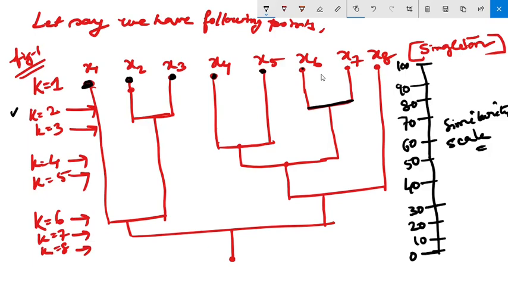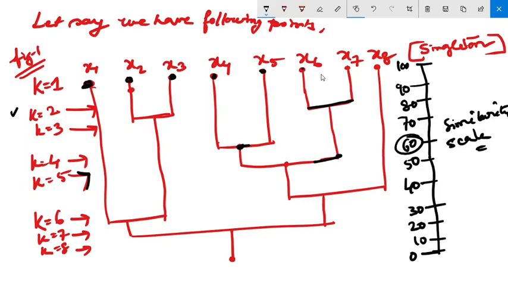So here these clusters and these clusters are grouped together, and maybe their similarity is 60%, like that. For example, the similarity between two groups of samples that are merged at level 5 has a value of roughly 60.